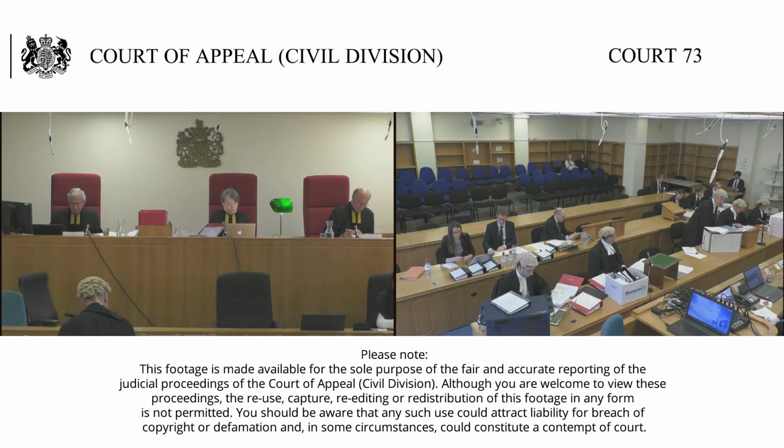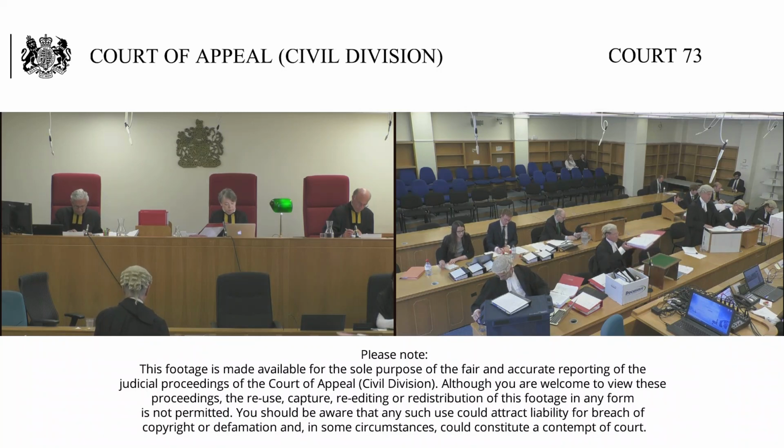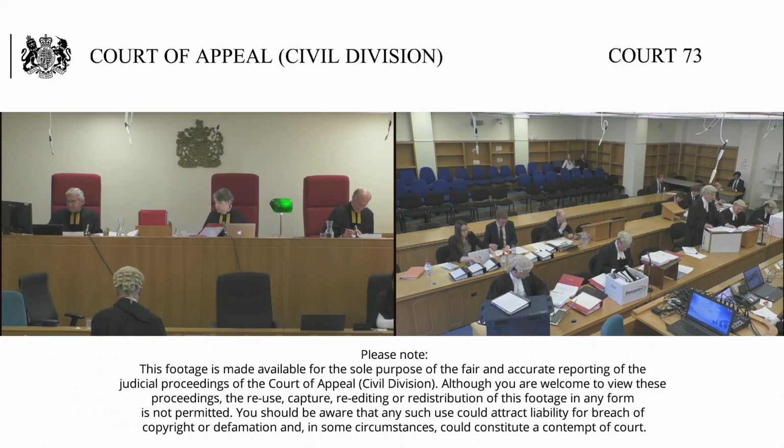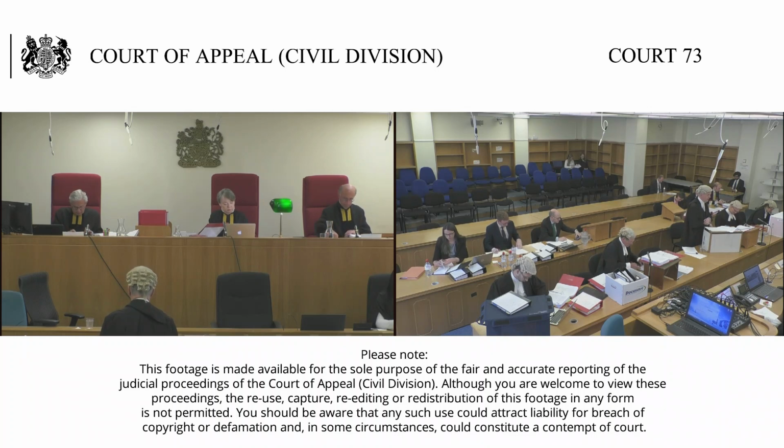We submitted before the judge, as is recorded in paragraph 85 of his judgment, that the following propositions applied. Firstly, that persons have the same interest if they have a common interest and a common grievance. Secondly, that persons may have the same interest in the claim even if there are disagreements between them, and although this doesn't apply here, even if the quantum of damages suffered is different.